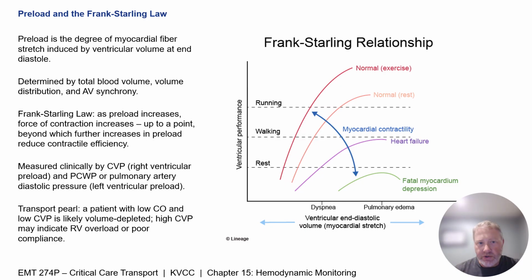A low pressure, low output state suggests inadequate filling, whereas an elevated filling pressure with poor output suggests a pump failure or impaired compliance or some sort of obstructive pathology. This is why preload values must always be interpreted together with the clinical picture and the patient's response to the treatment.